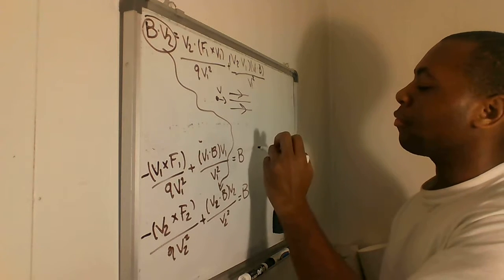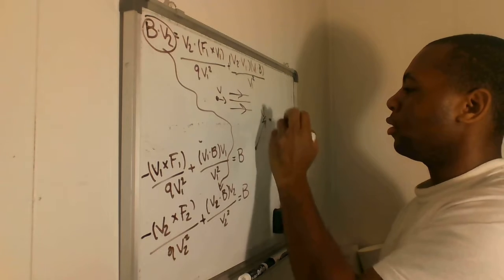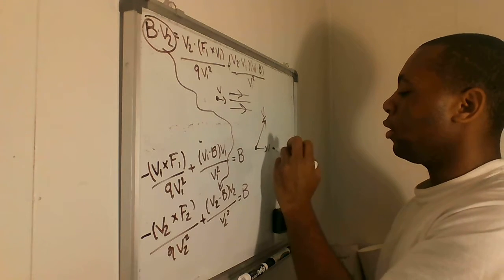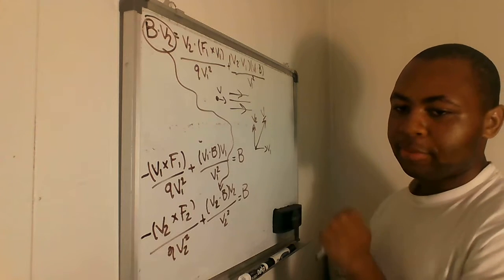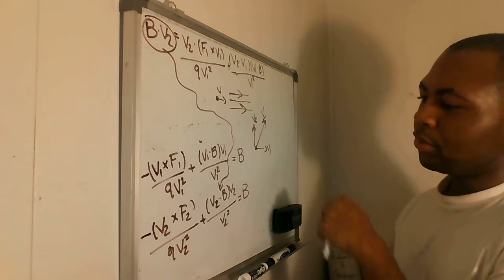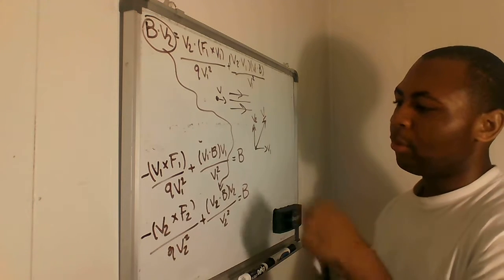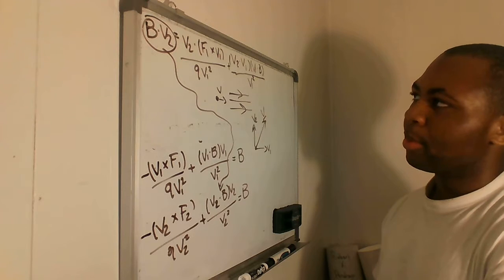Does it really? So this is some vector V, and this is V1. I'm assuming for the sake of argument that they're perpendicular, so that they receive two different forces from B. You have the force 1 and force 2. Does it make sense to say that they're perpendicular?